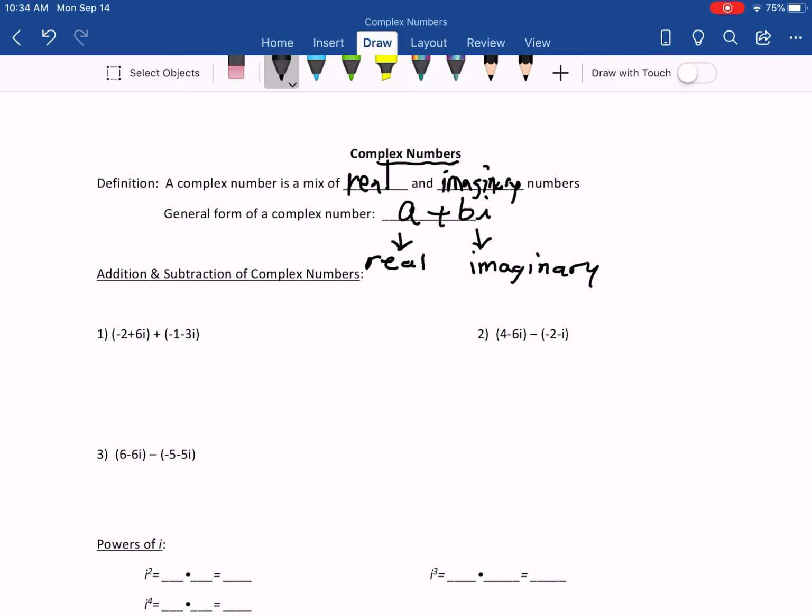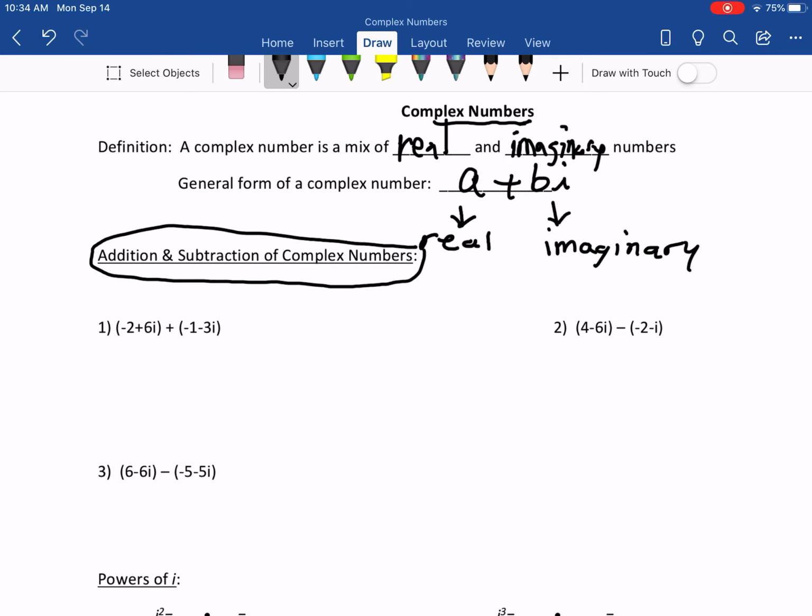Okay? We want to do some operations on complex numbers. Addition, subtraction, multiplication, division, to see how they work. Okay, so the first thing, addition and subtraction of complex numbers.